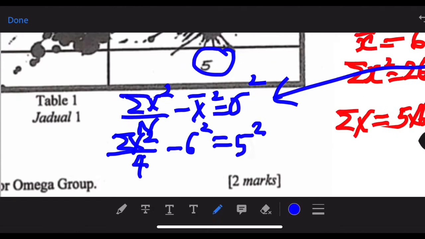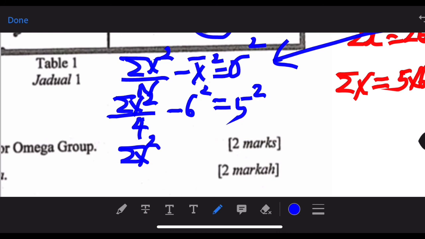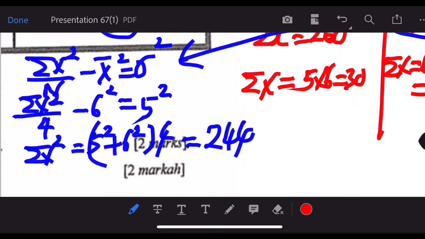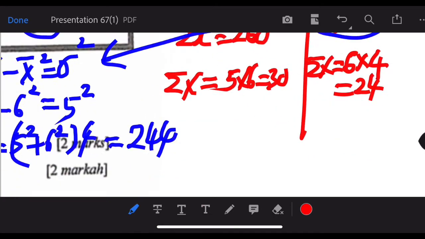So the sum of the data square is 5 square plus 6 square, times 4. 25 plus 36 times 4, we get 244. So we have all the information ready, right?